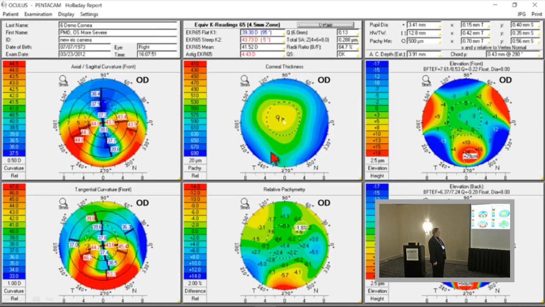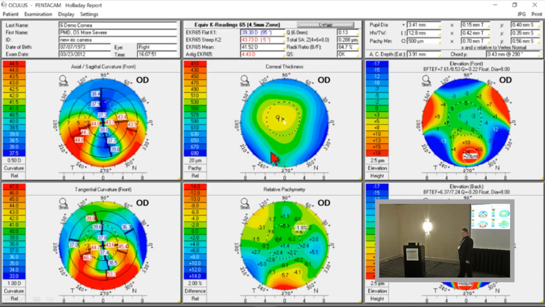Well, now we've got a couple of things. First of all, that thinnest point is not displaced inferiorly. It's actually above. All right? And we do notice, though, that when you look at the pachymetry map, it's not an oval or a circle.